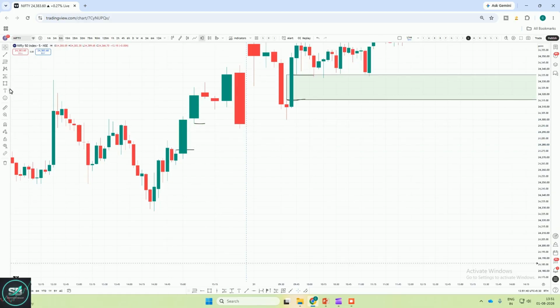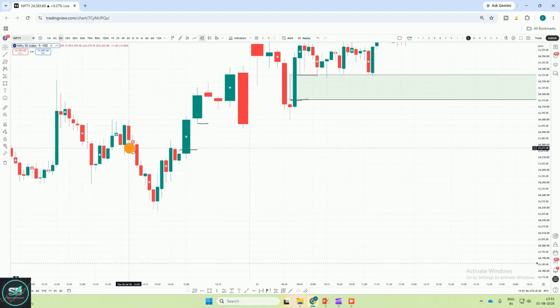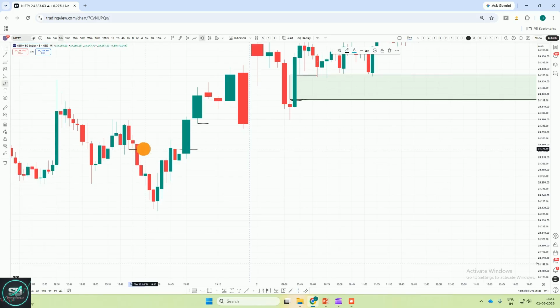Now if we go to the other side and see, here this is the first candle, this is one candle, here this is the low of this candle, and this is the high of this candle. So here you have a gap. So this is treated as an FVG.